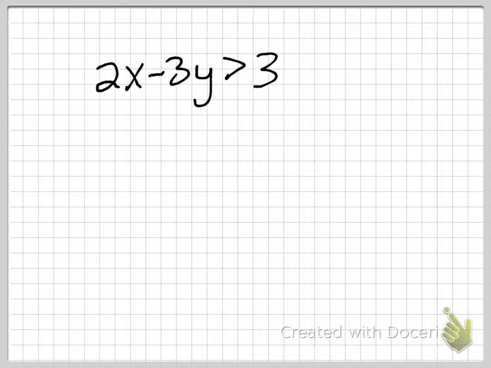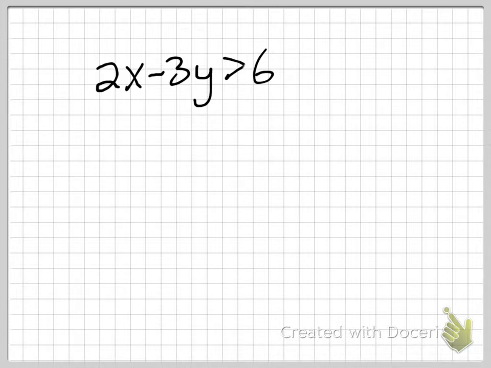So one of the other things that we have to be careful of is, let's say I had something like 2x minus 3y is, let's say, greater than 3. Or sorry, let me pick a better number. Greater than 6, let's say.